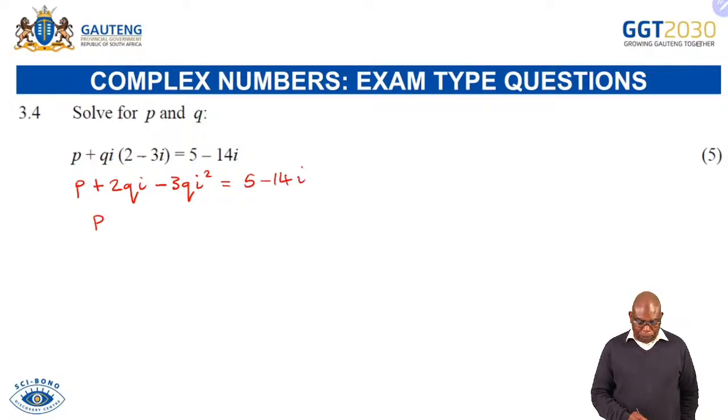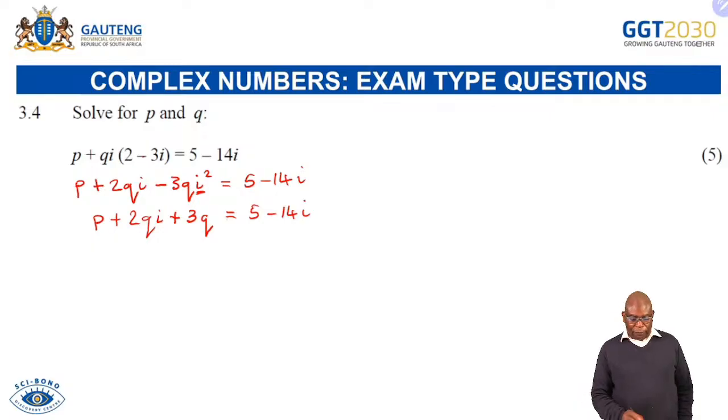So now I'm going to have plus p2qi. This is going to be minus 1. So minus 1 times this will give me plus 3q. Remember the i squared is now gone. Now what do we do here? First, let me deal with p. p will be equal to, can you see p?